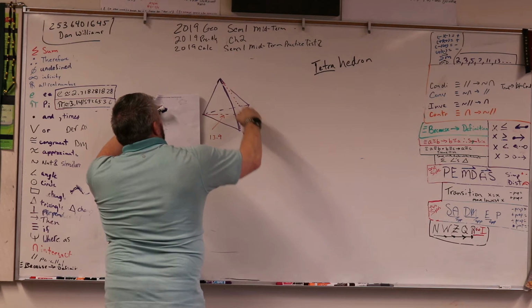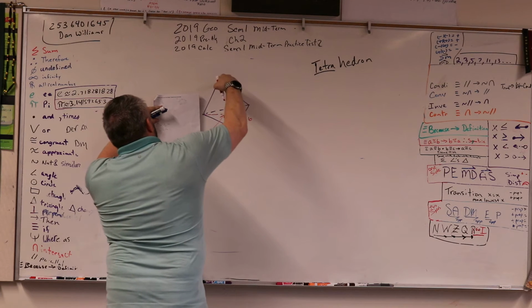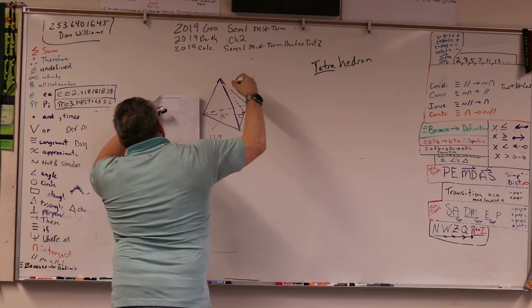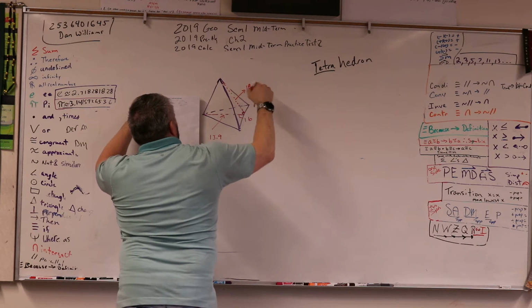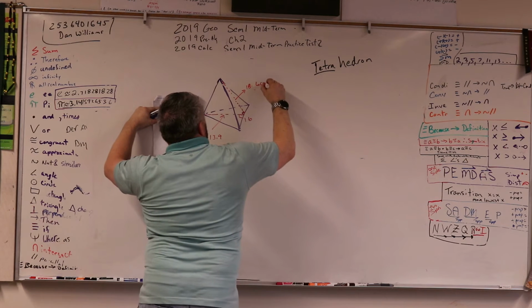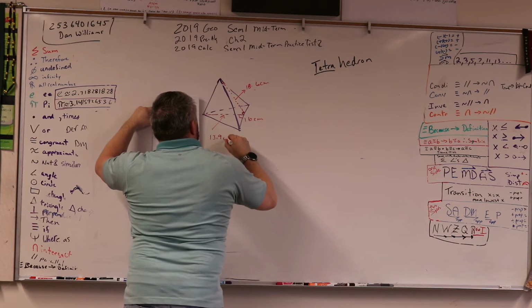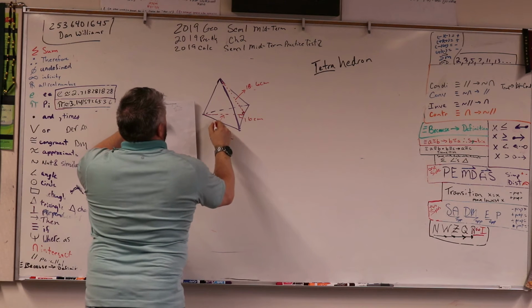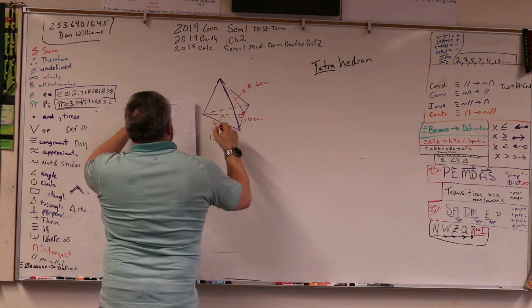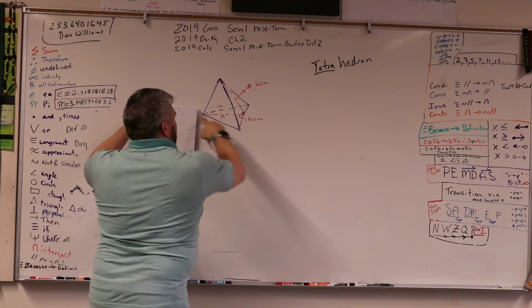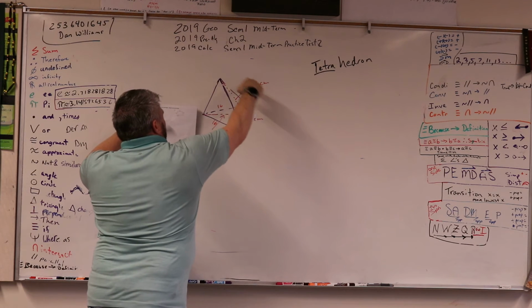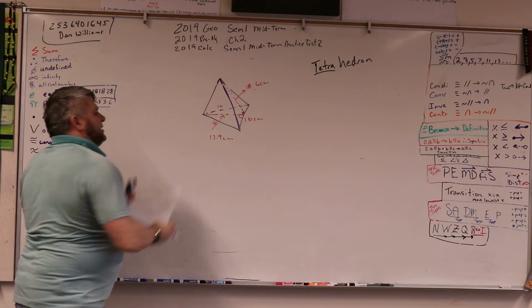And then this height here is 18.6 centimeters, and then it's telling me that this is 16, and it's also telling me that this is 16. And if those are all 16, then their heights are all going to be the same, which is 18.6.